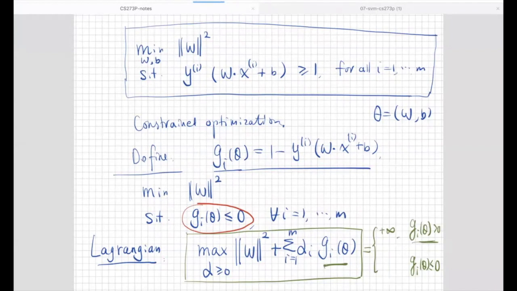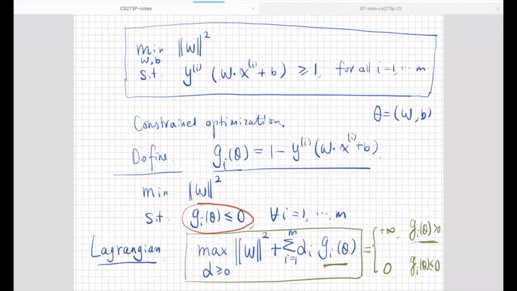So the maximum value will be 0 in this case, if g sub i is constrained to be negative, and the 0 is achieved when alpha sub i takes the value 0. So that's the optimized solution with respect to alpha.